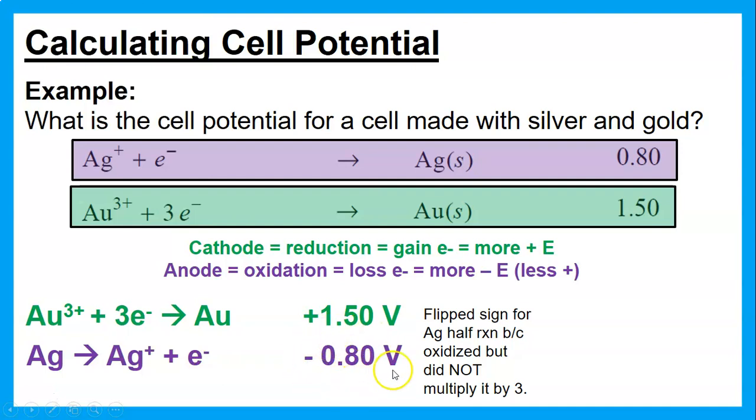I am not going to multiply this by 3. I only flip the sign. So this is going to tell me that this cell made of silver and gold has a cell potential of 0.7 volts. I add those two values together.